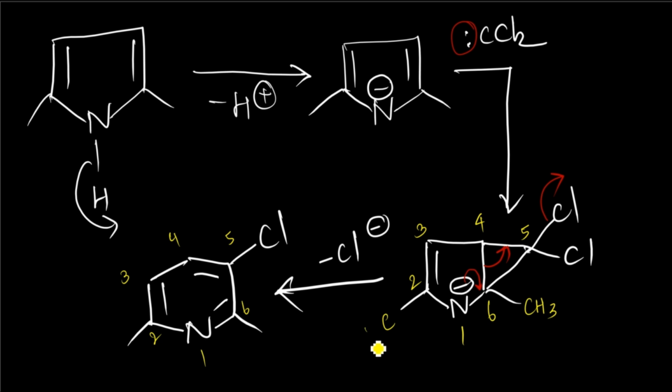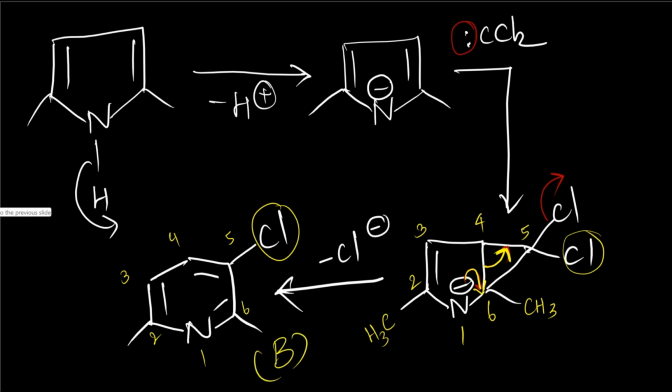And at the 2nd position, I should have a methyl group. Then 3 double bonds because of this. And because of this minus, and already I am having a double bond, the 5th position should have a Cl. Okay, now it just formed a stable product, B. So they are asking for B.